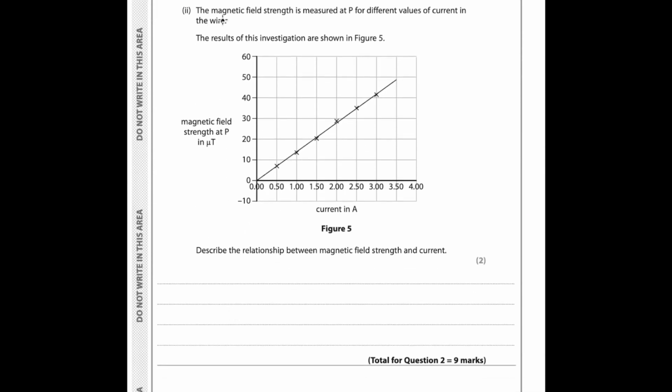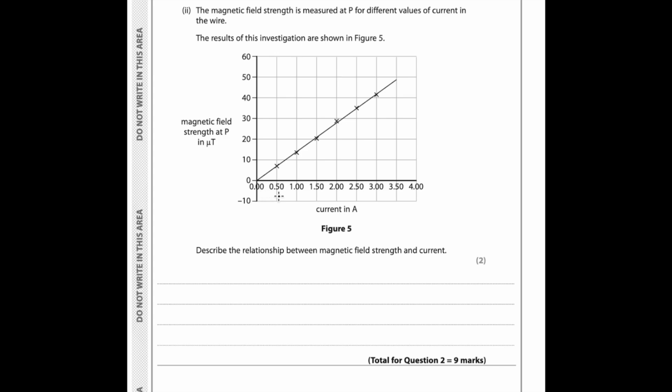Part 2. The magnetic field strength is measured at P for different values of current in the wire. The results of this investigation are shown in figure 5. Describe the relationship between the magnetic field strength and current.